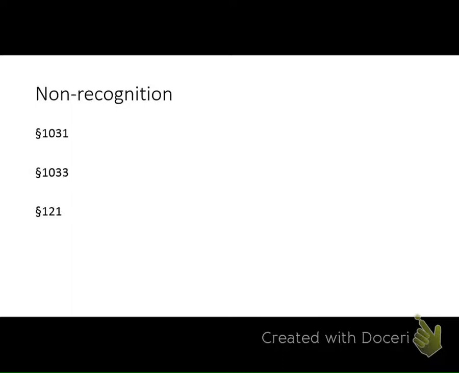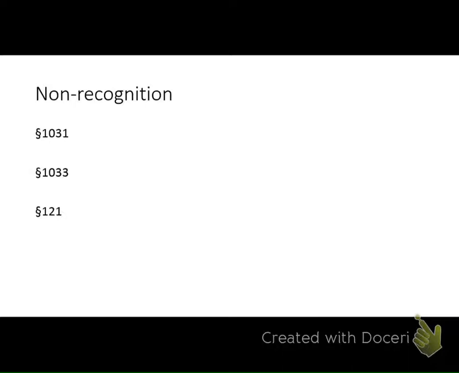Each of these provisions, or most of them, 1031 and 1033 at least, give you a way to preserve that gain in the new basis that you take in the new property, so that you do eventually recognize the gain. You're just not recognizing it now. So it's a deferral provision.